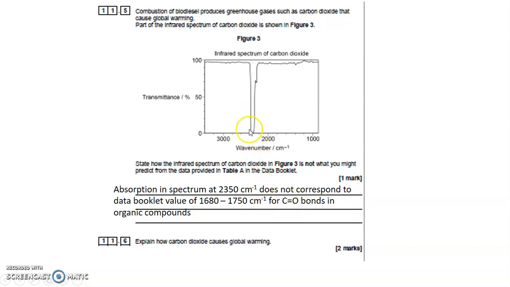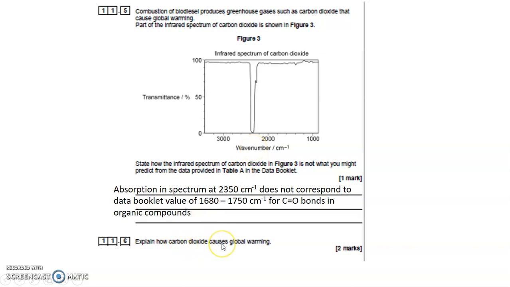So something strange is going on with the infrared spectrum of carbon dioxide here. You don't need to know what it is, you just need to identify that this isn't the absorption value for a carbon to oxygen double bond. It should be at 1680 to 1750 instead of at 2350.